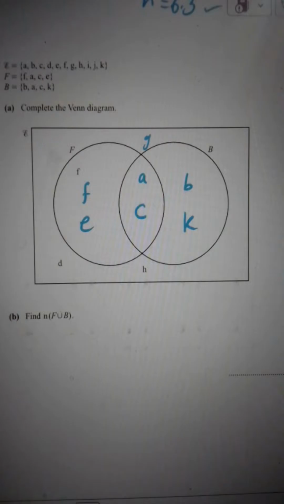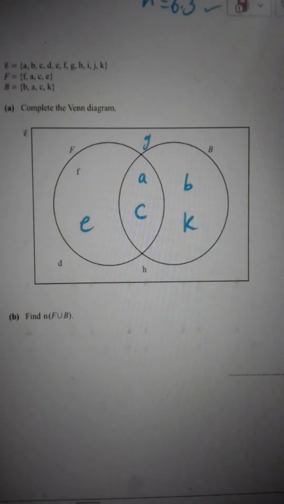D is already written, H is already written. So what we need to write here in order to complete the diagram: A, B, C, D, E, F. F was also already written, so no need to rewrite that.